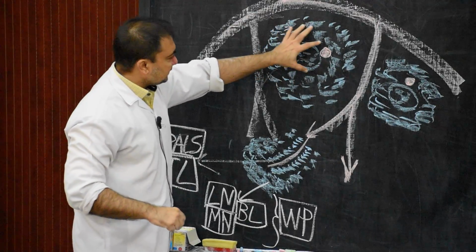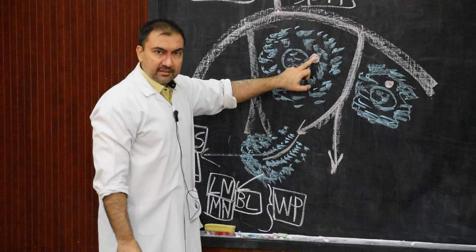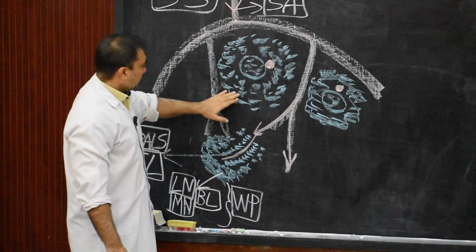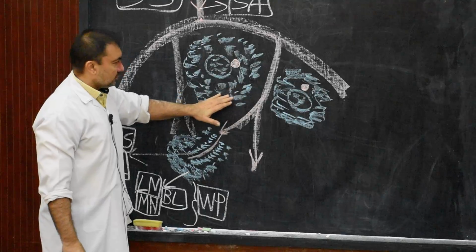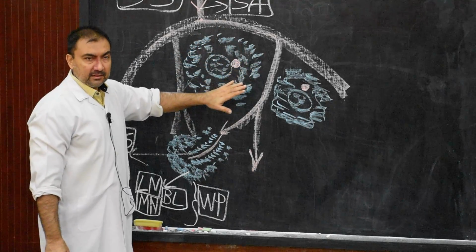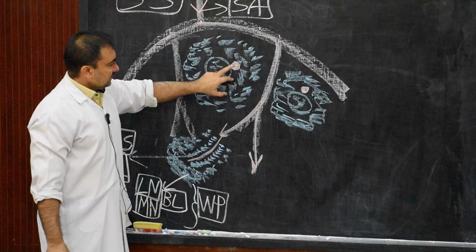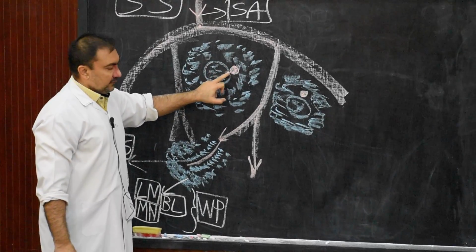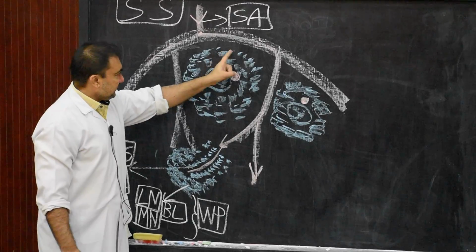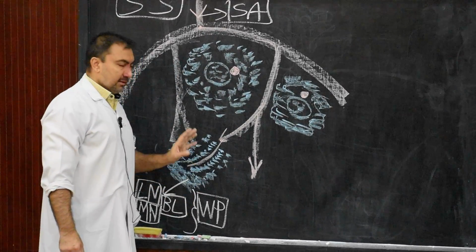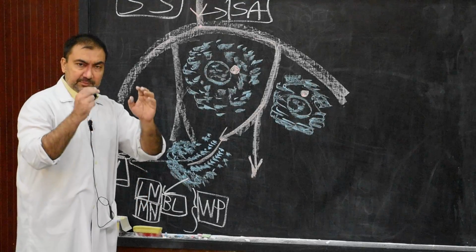Here in this white pulp, this is the central arteriole, in eccentric position, and surrounding this is the lymphatic nodule, the entire lymphatic nodule. So surrounding this arteriole will be the B lymphocytes, and the peripheral portion of the lymphatic nodule will be occupied by B lymphocytes. So this much is white pulp.